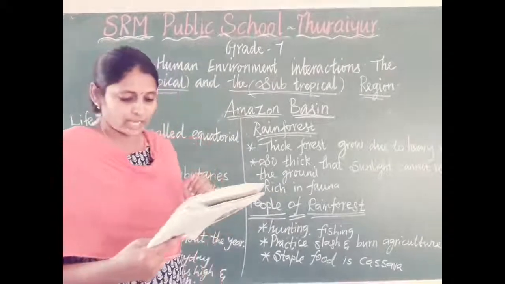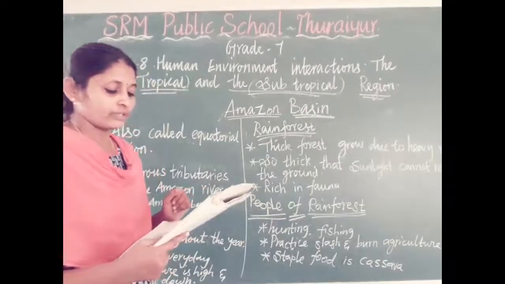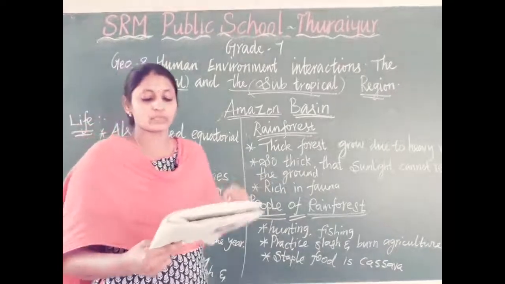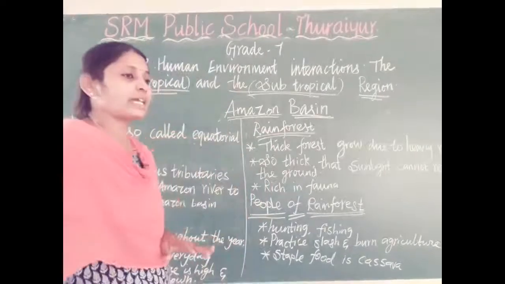The Andes mountain range. From that mountain range the river starts and flows in the eastern direction.